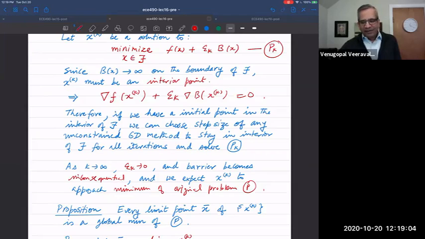And even the union of intervals, it can also be written through inequality constraints if you go to a higher dimensional space. Okay.